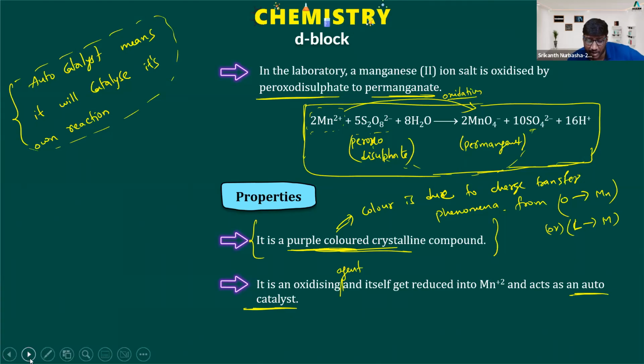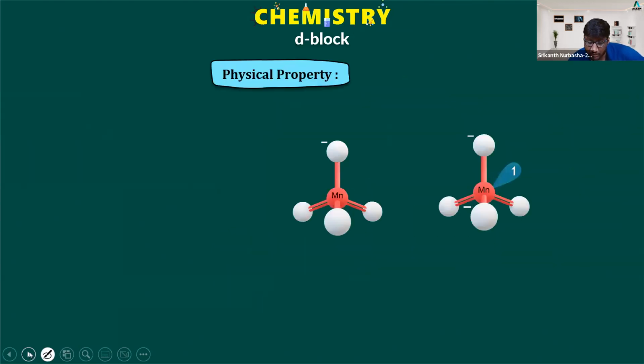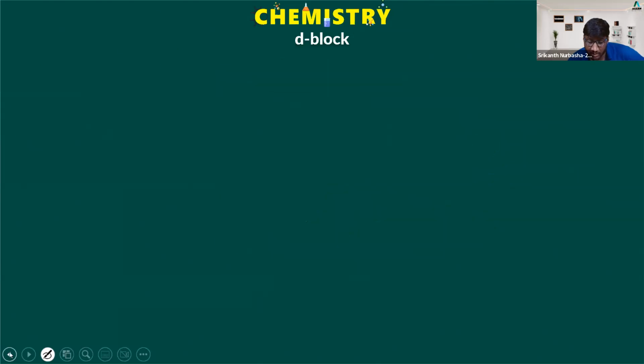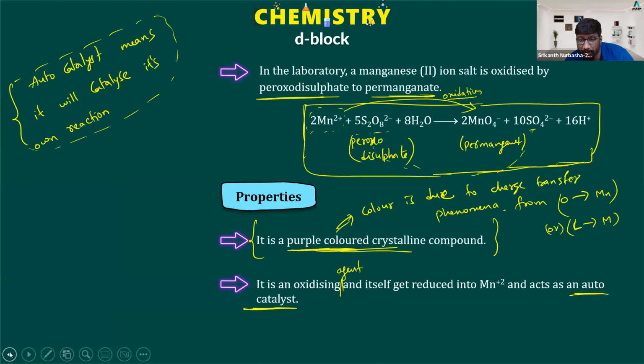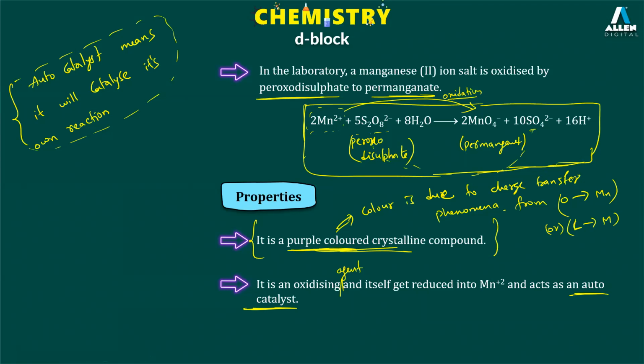Since it is an oxidizing agent, we can also have similar reactions of Cr2O7 2-. Is that clear, students? Can I proceed further? Yes, sir.